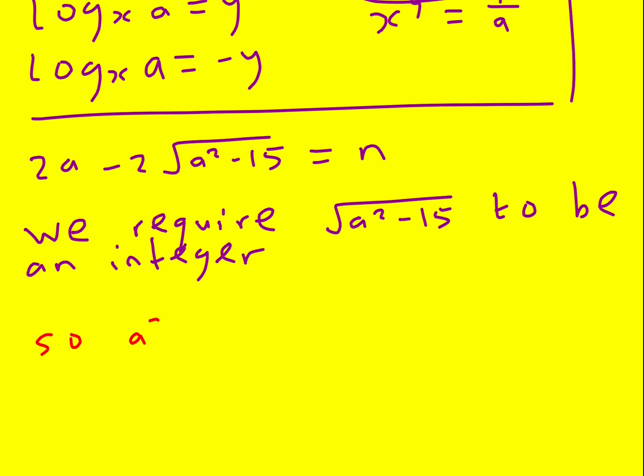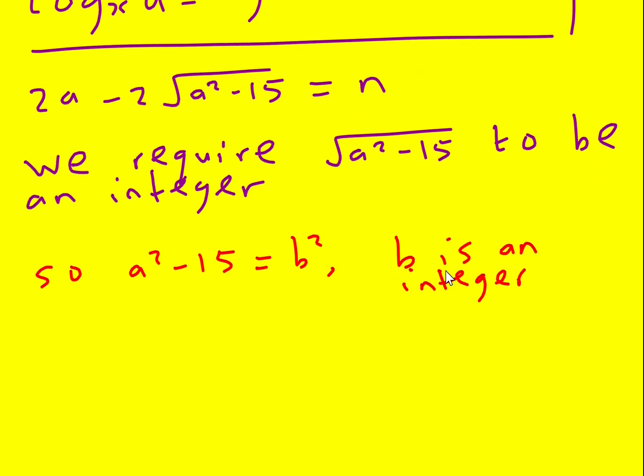So a squared minus 15 must equal b squared, where b is an integer. Basically, a squared minus 15 is a square number. Remember, we're mainly interested in a and n. I've introduced this new b.